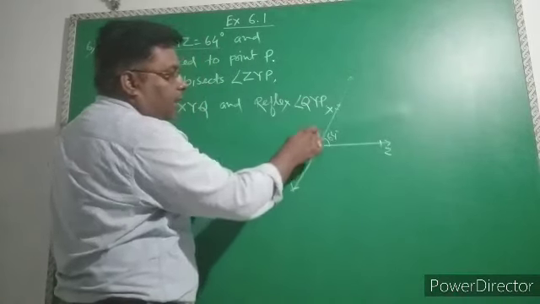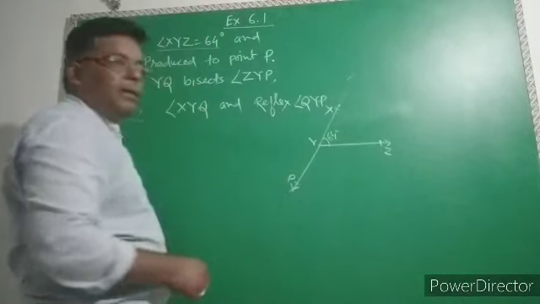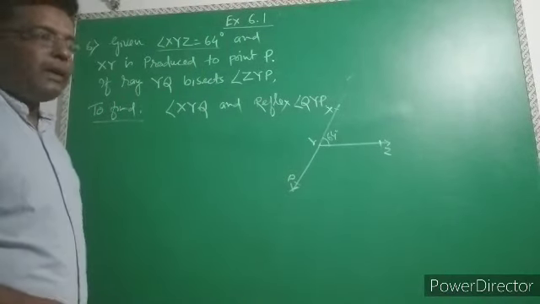XY is produced to a point P. So this is the figure.